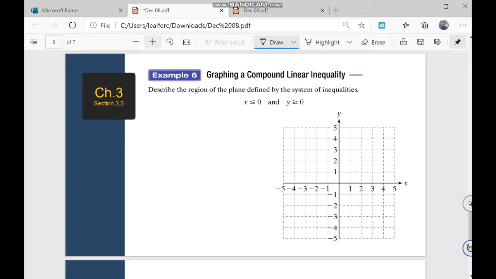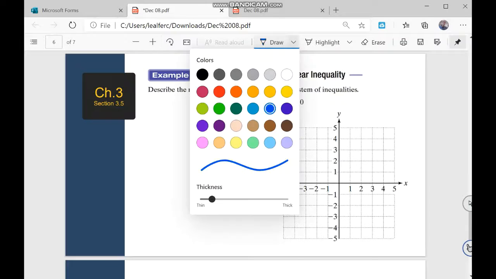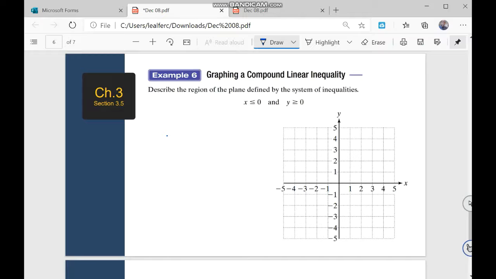Okay, describe the region. Another example. This is a very quick and easy one. Describe the region of the plane defined by the system of inequalities. The first one, very quick: x less or equal than 0. Find the related equation, x equals 0. x equals 0 is here, and it's going to be a vertical line. Remember this? This is a special case.